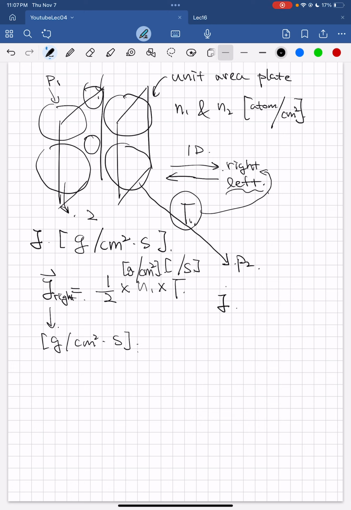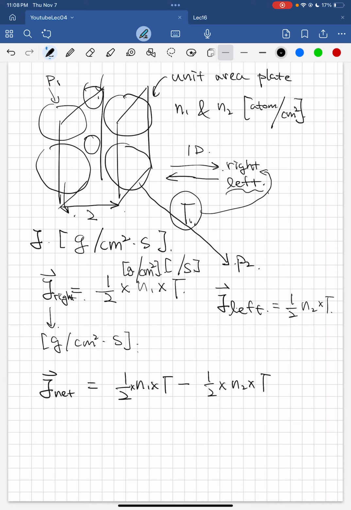So when we consider that it moves left, then it is the same, half of N2 times gamma. Then the net flux that moves from plate 1 to plate 2 should be like this, right?